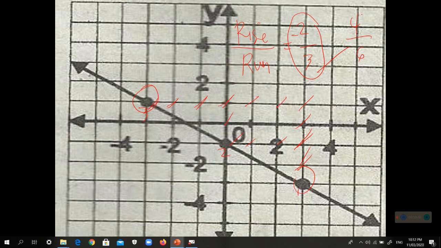And if you reduce 4 over 6 to lowest terms, it is also equal to 2/3. And still, we have here negative because the line, again, decreases from left to right. Okay, so I hope it is clear.